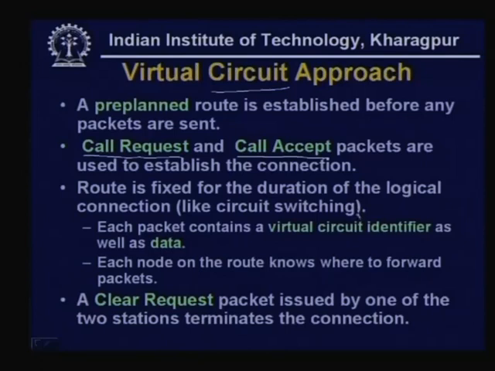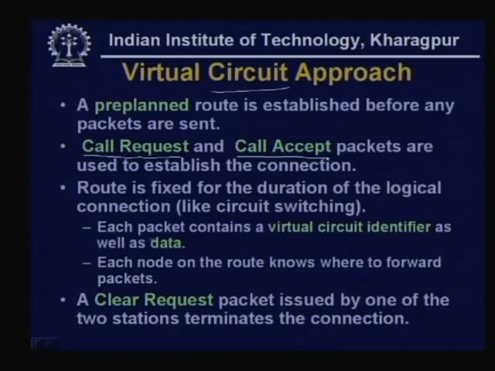That does not mean it is not shared. It is being shared by other source destination pairs, only the thing is it follows the same route, and each packet contains a virtual circuit identifier as well as data. That means along with the data some virtual circuit identifier is provided.